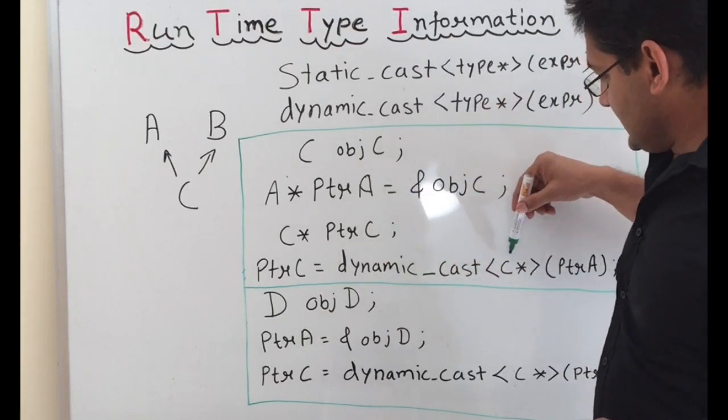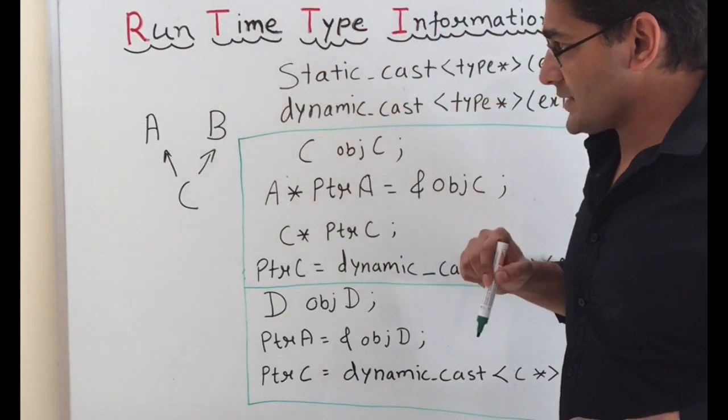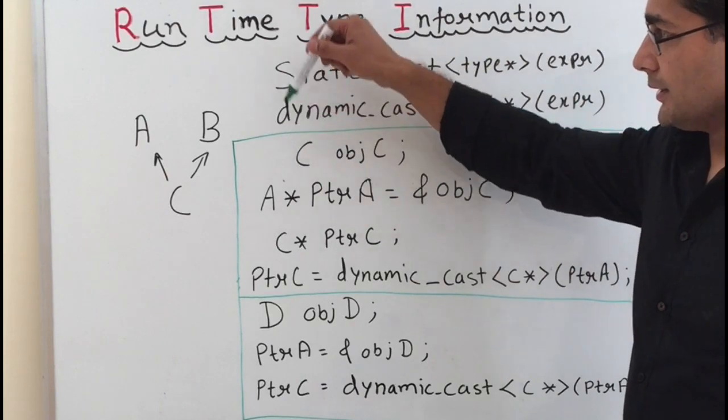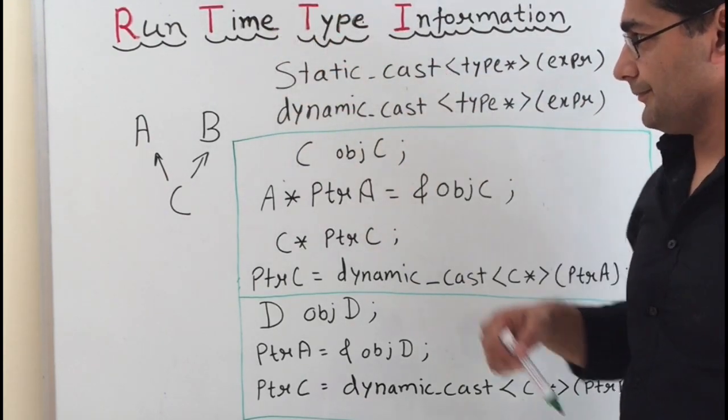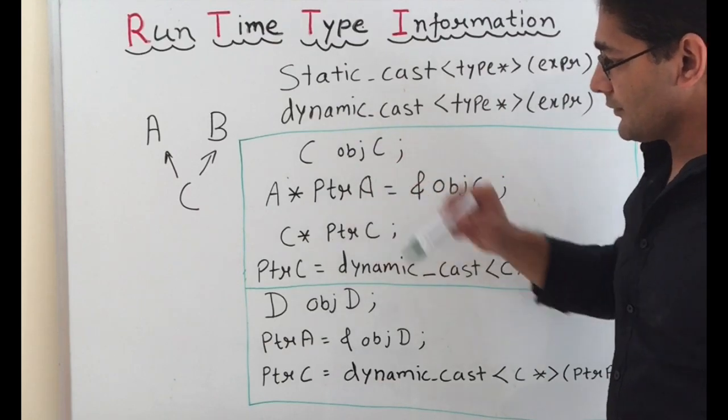So it can clearly see the derived class C has two base classes. The pointer to be converted falls under this inheritance graph. So it is a valid conversion and it returns a pointer to the derived class.